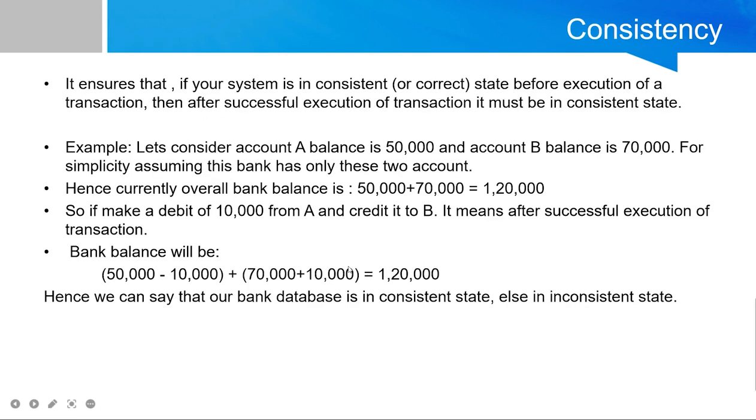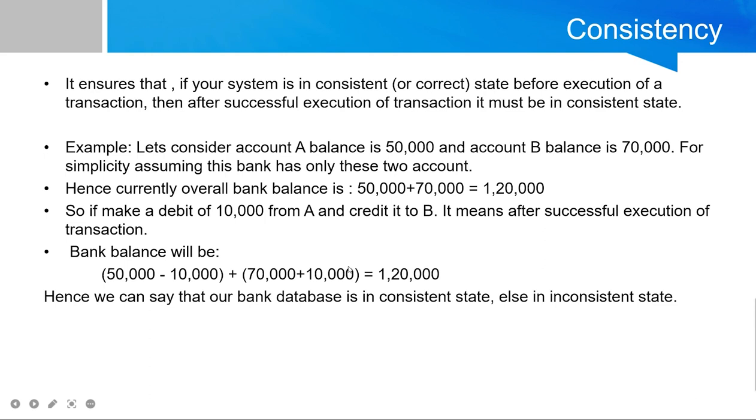The next property is consistency. It says that if your system is in a consistent, correct state before the execution of a transaction, and the transaction executed successfully, then after the execution your system must still be in a consistent state.